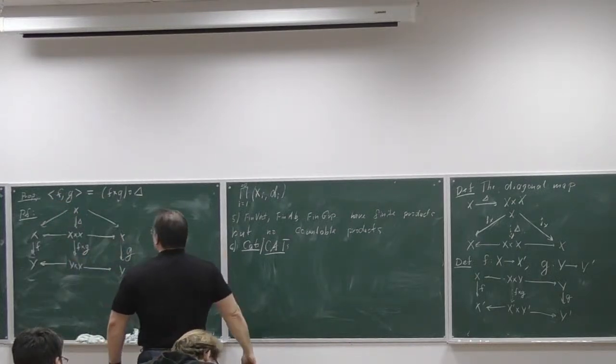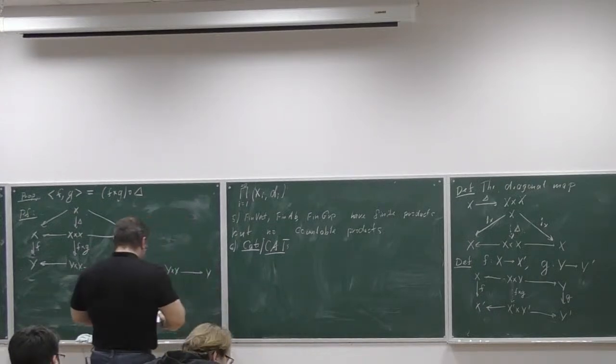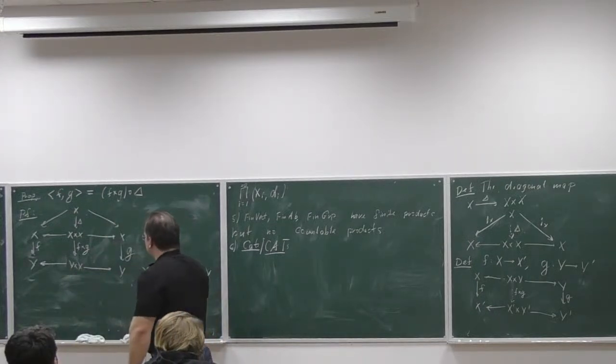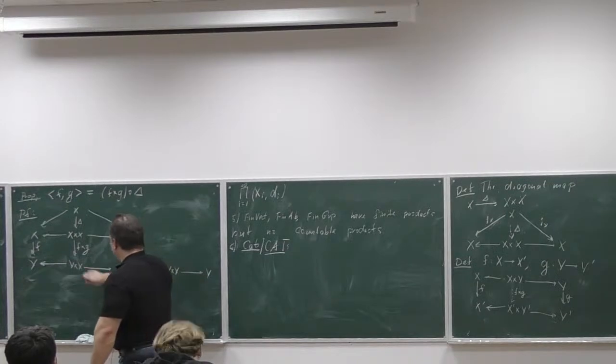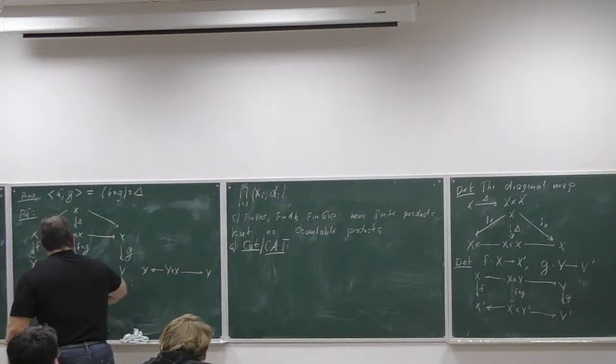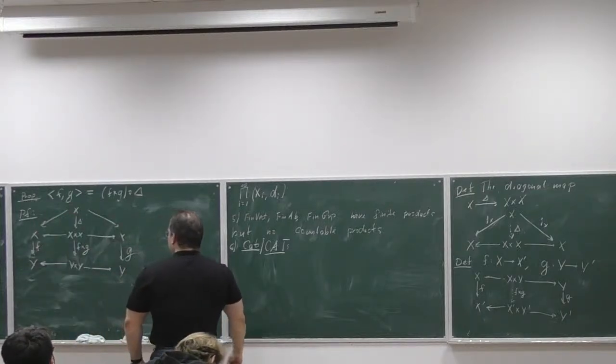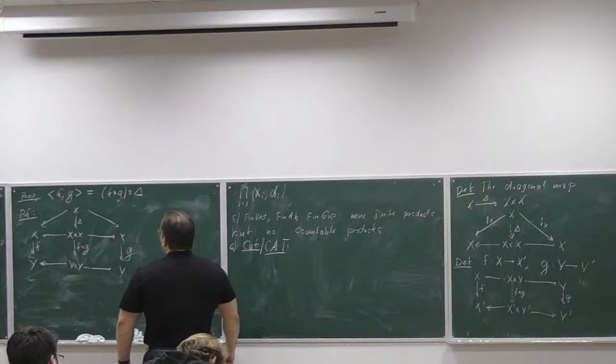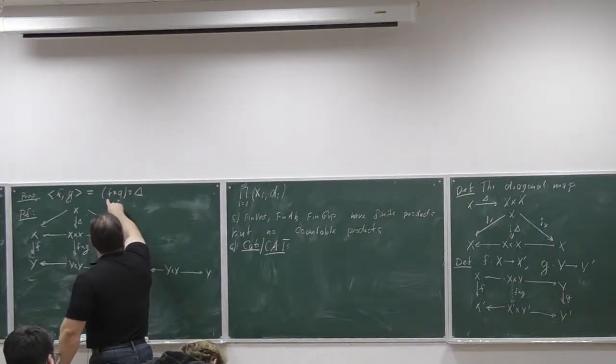This is what we get in the product diagram. This is X and this is Y. Okay, so here we have this composition on the right hand side.